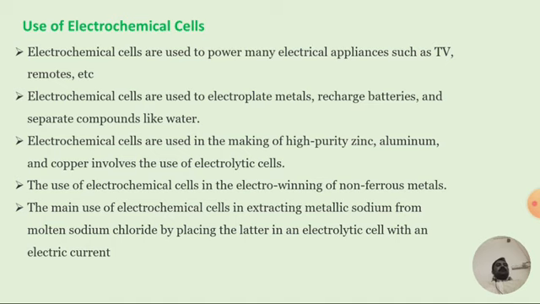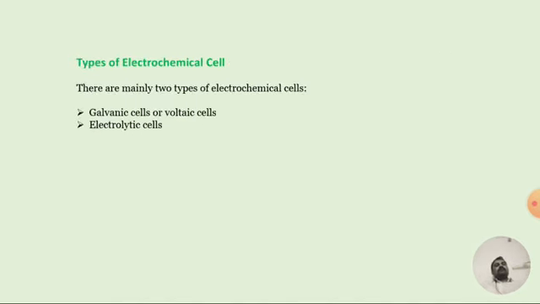Another use is in the refining of non-ferrous metals, and a main use of electrochemistry is extracting metallic sodium from molten sodium chloride by placing it in an electrolytic cell with an electric current.